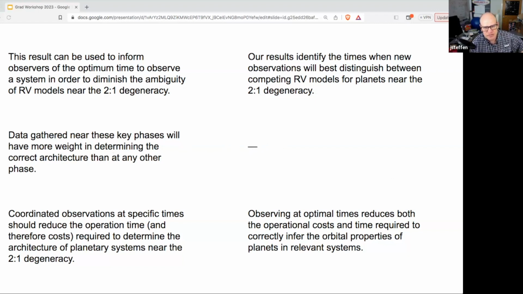Observing at optimal times reduces both the operational costs and time required to correctly infer the orbital properties of the planets in relevant systems. So these final 2 sentences convey actually more information than what was in the original 3, and it uses only about half the words. There's almost 80 words in the first 3 sentences, and just over 40 words in the last 2 sentences.